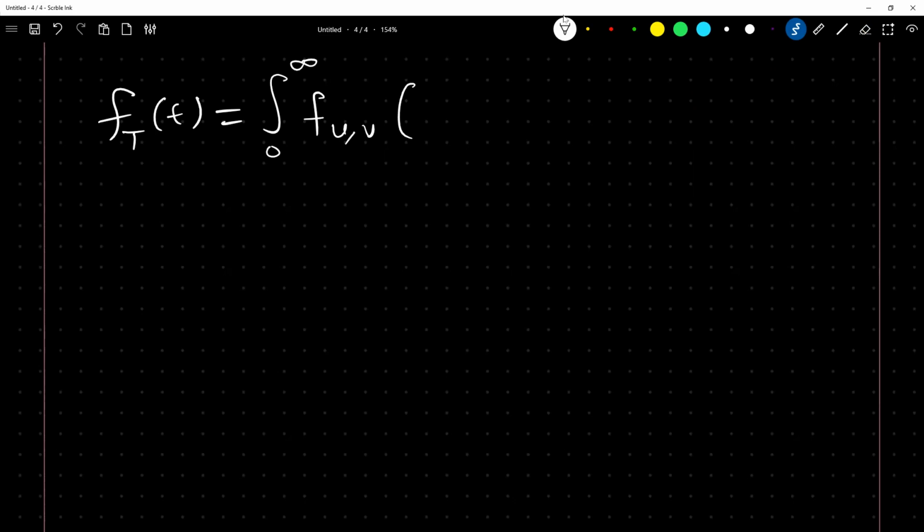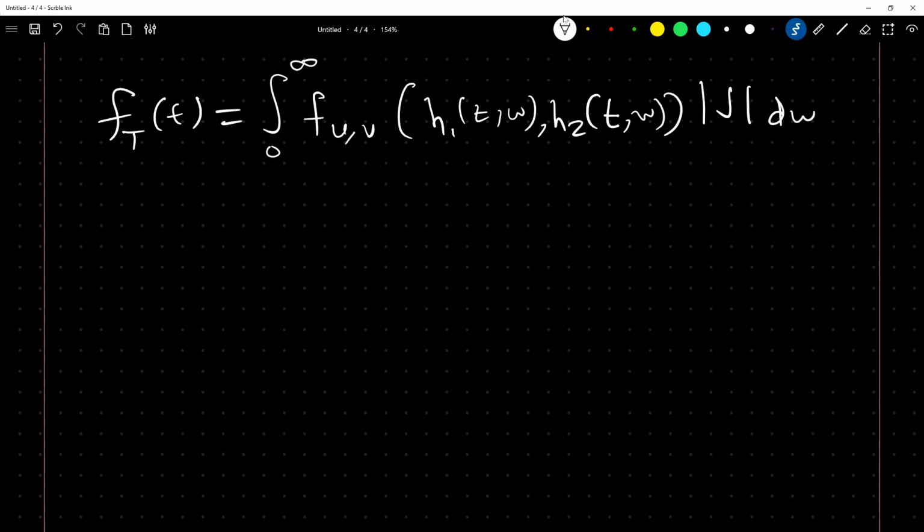I'm going to use t and w. So it's f of u v evaluated at h1 of t w, h2 of t w, and then times the Jacobian of this, and then I'll get dw here.